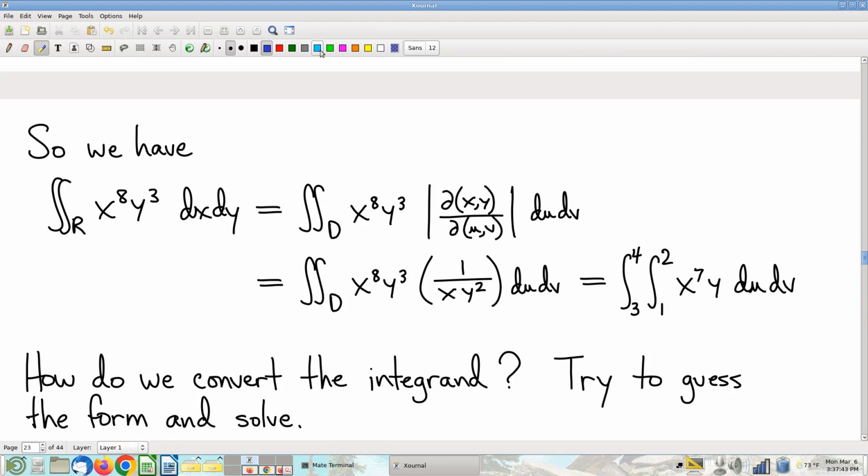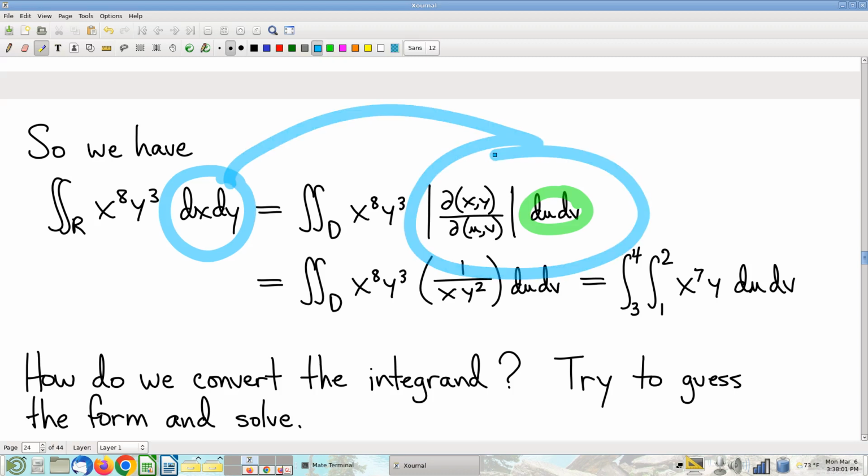Let's just remind ourselves what we're doing. Here's the integral that I was asked to compute. So here's the differential that I need to rewrite. I want my integral to end up being a du dv integral. So I want this dx dy to end up being something times du dv. So I ask now, what should I multiply by du dv to get dx dy? In other words, what is dx dy equal to in terms of u and v? Right? Well, again, this is bogus and cringy, but will always lead you in the correct direction.